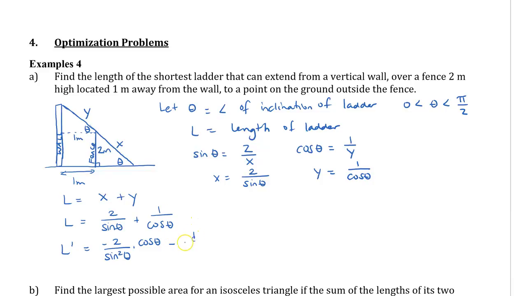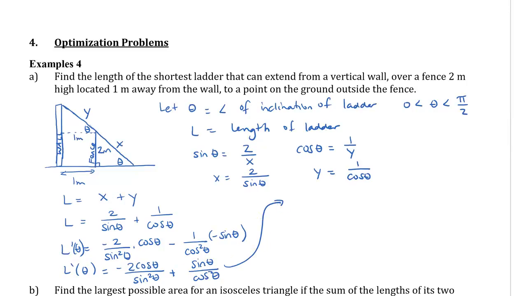So it's going to be negative 1 over cos squared theta. And the derivative of cos theta is negative sine theta. All right, so actually let's write that L prime is with respect to theta. So now let's simplify this a little bit. We have negative 2 cos theta over sine squared theta plus sine theta over cos squared theta.